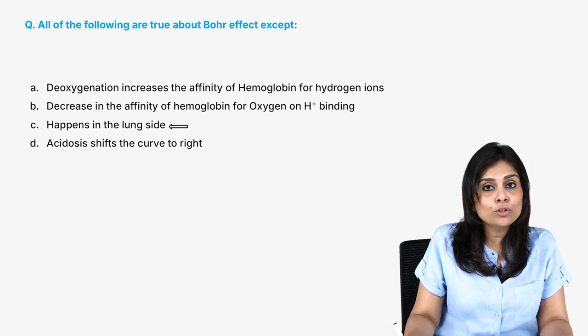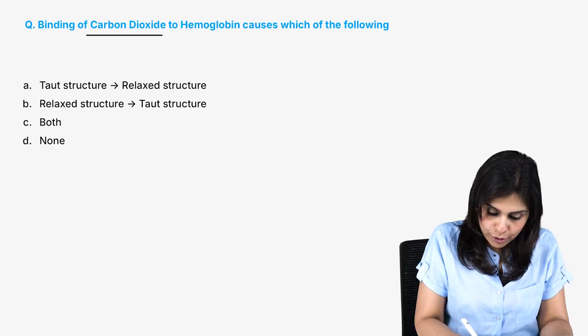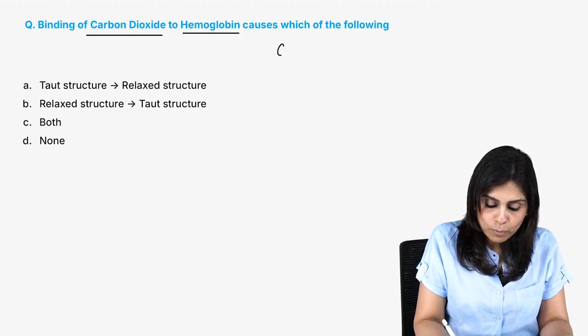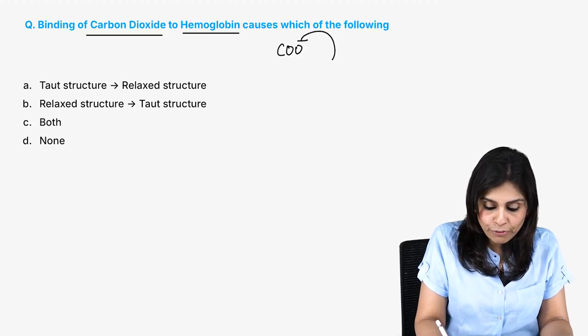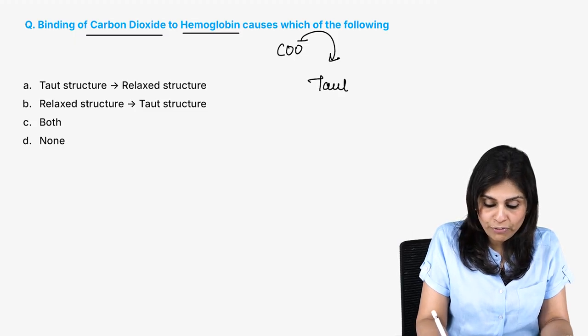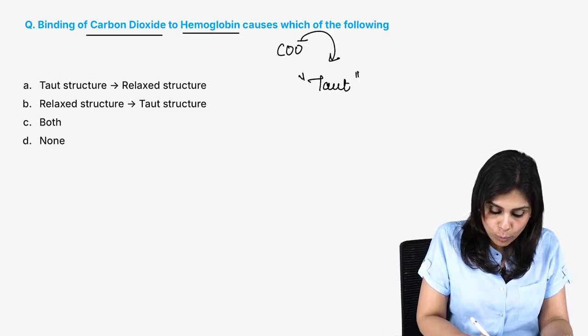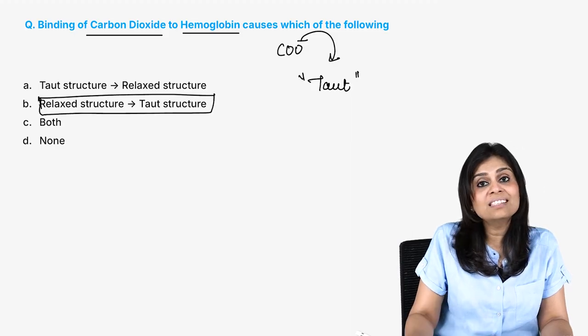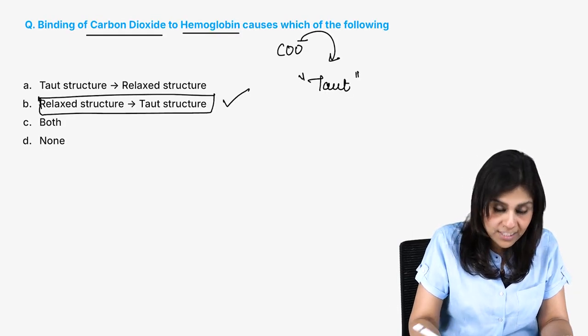Yes, that's because of the Bohr effect. Binding of carbon dioxide to hemoglobin forms carbamino compounds which are negatively charged. That favors salt bridge formation. Salt bridge formation favors the taut structure. So carbon dioxide binding will shift the relaxed structure to the taut structure because it is negatively charged. Okay, answer is choice B.